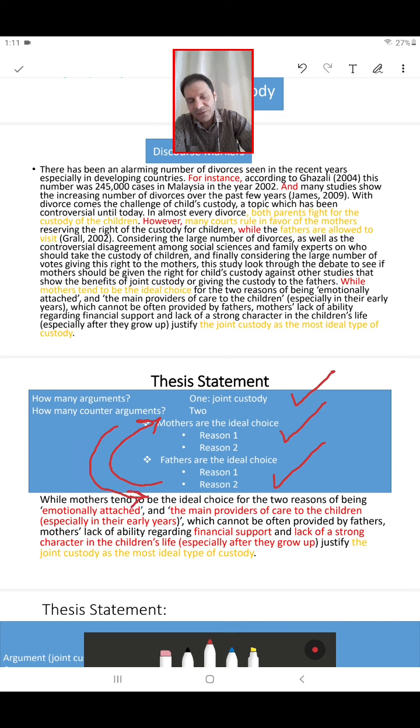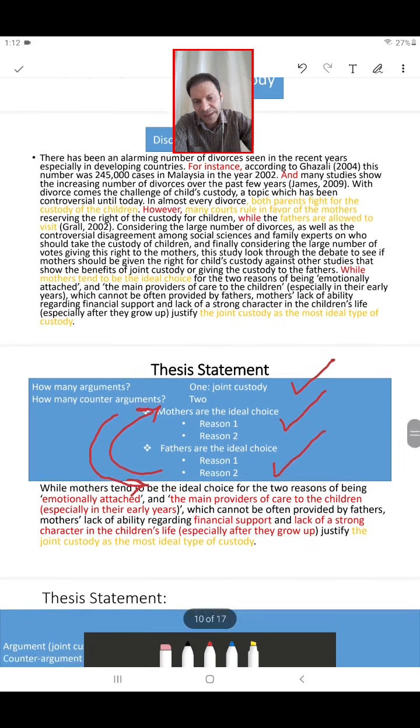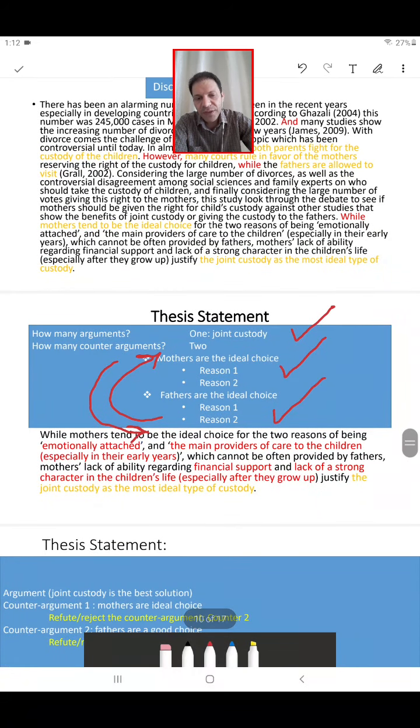So I really don't have to reject each one separately. When I bring counter argument number one, it is going to reject number two. And when I say fathers are the ideal choice, and then mothers are the ideal choice, it will basically reject the fathers are the ideal choice. So they reject each other, right? And as you can see here, they all appear in my thesis statement.